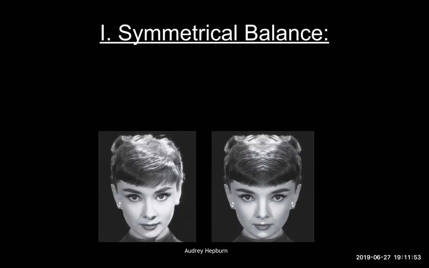So they've used these 2 pictures of Audrey Hepburn to illustrate that. She's, of course, considered one of the great beauties of film. And on the left, you can see an unaltered photograph of Audrey Hepburn. On the right, they've taken half of her face and flipped it horizontally to make it exactly symmetrical, bilateral symmetrical.